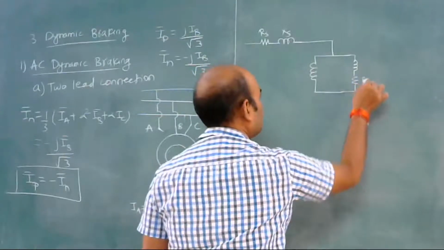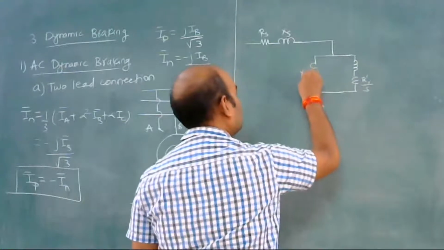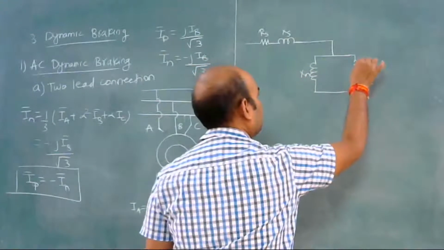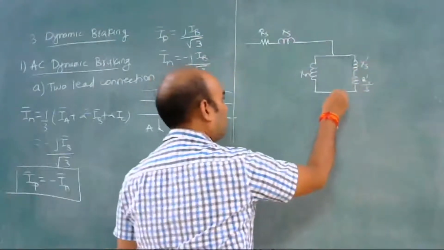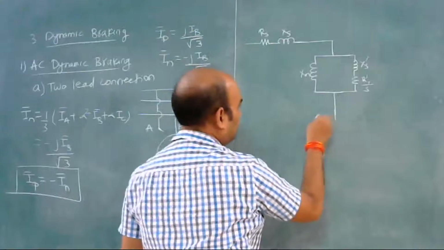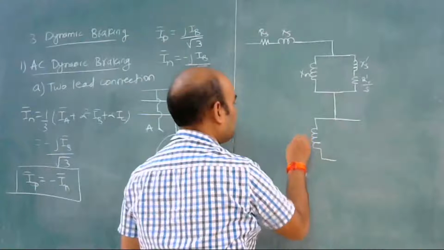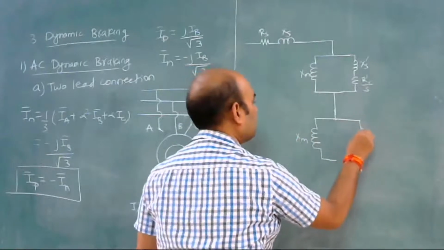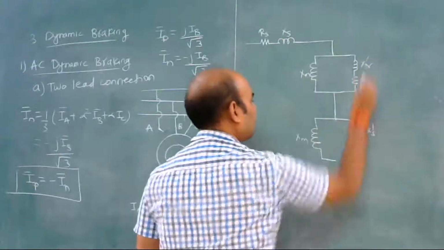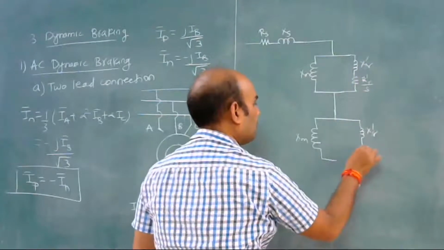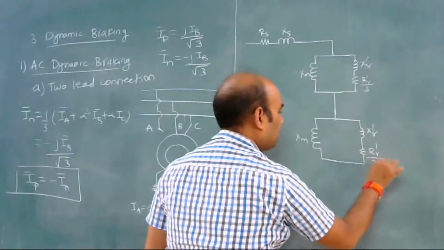This is RR dash on S. This is XM, and this is XS, and then again XM. This is XS dash. So XR is the rotor side leakage reactance, and this will be RR dash divided by 2 minus S.